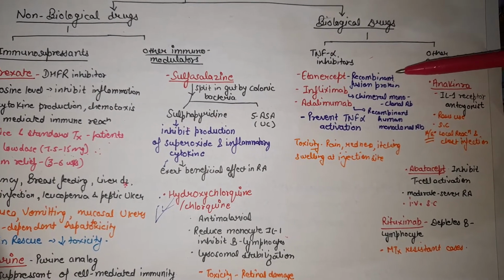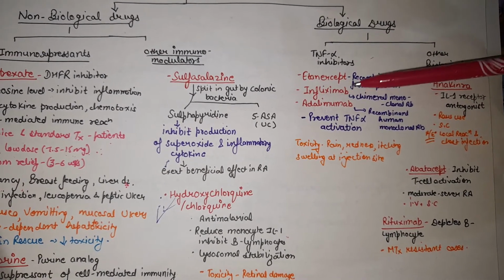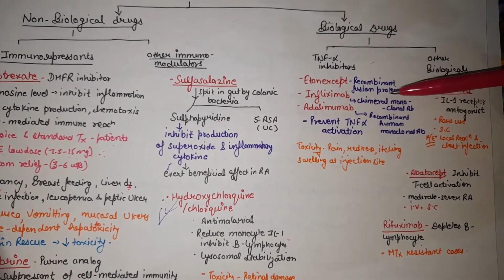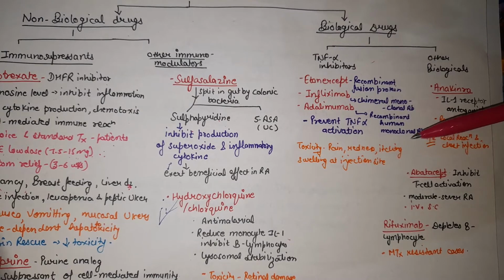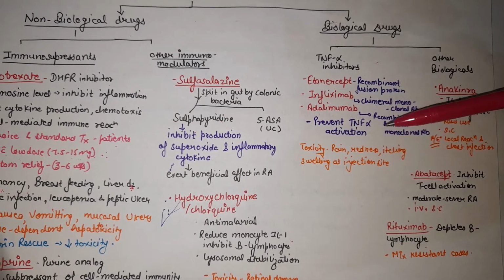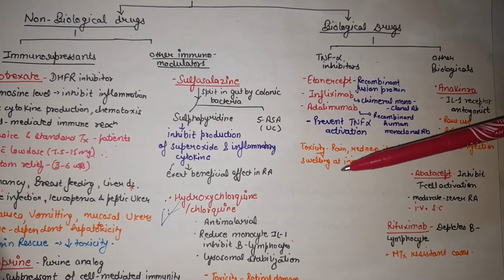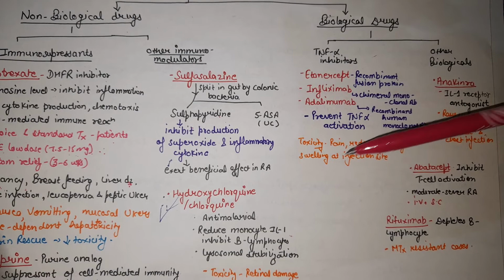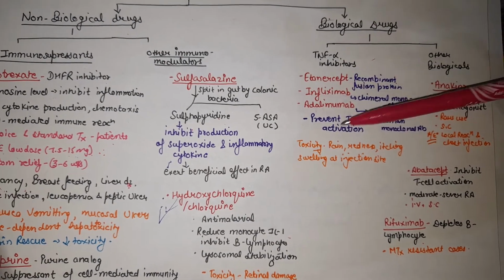Etanercept is a recombinant fusion protein, while infliximab is a chimeric monoclonal antibody. Adalimumab is a recombinant human monoclonal antibody. They prevent TNF alpha activation. They cause toxicity like pain, redness, itching, and swelling at the injection site because they are given parenterally.